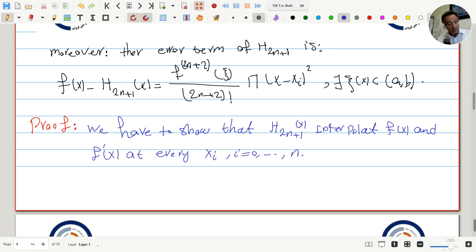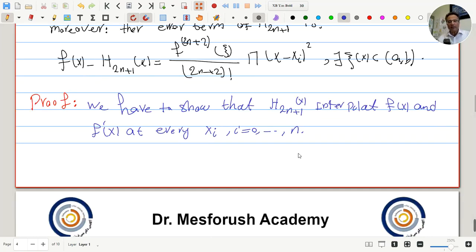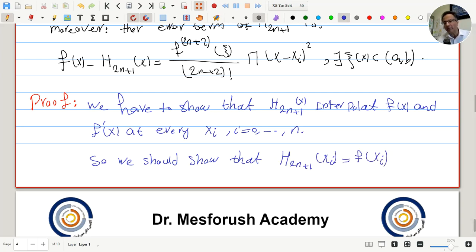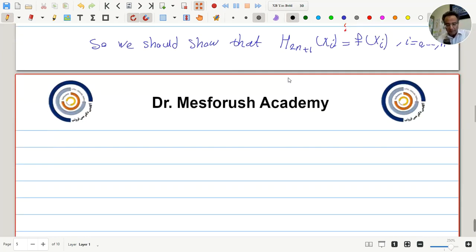So consider H_{2n+1} at x_i. We should show that H_{2n+1} at x_i is equal to f of x_i for i equal to 0 to n. We have to prove this equality.